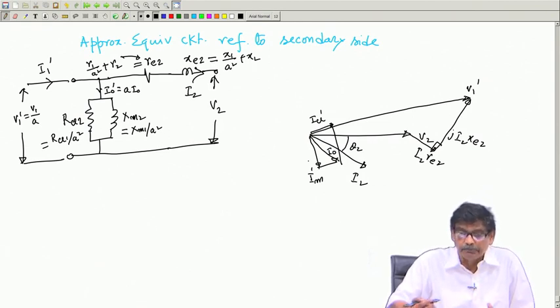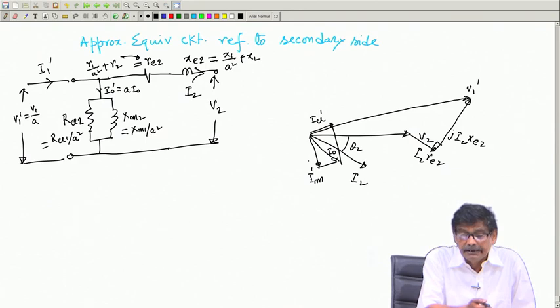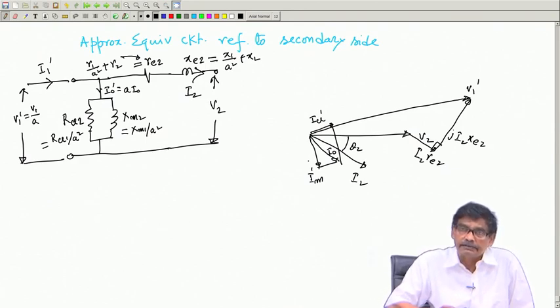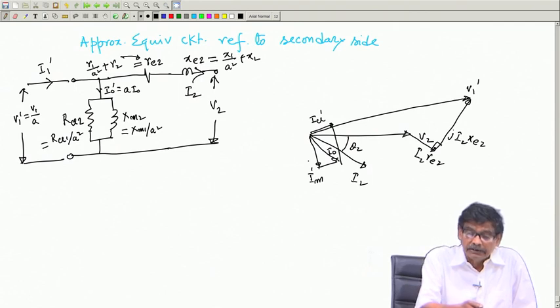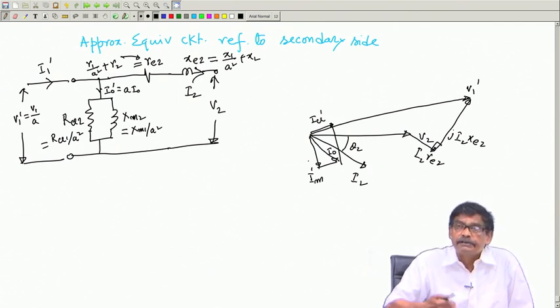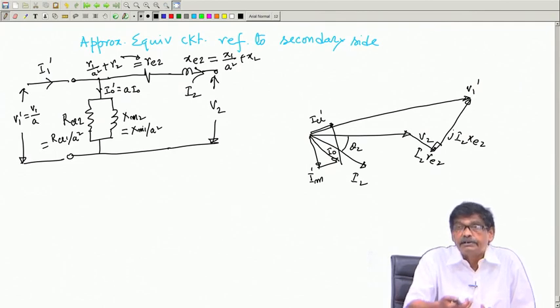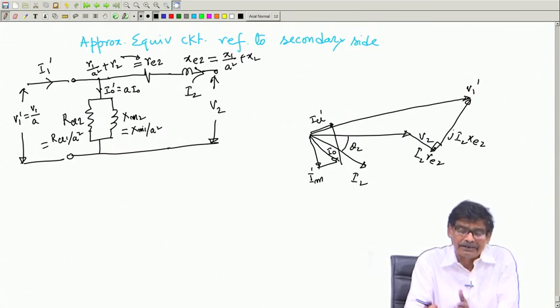You cannot approximate anything just like that. The argument is the winding resistance and leakage reactances are much smaller compared to the resistance representing core loss and the reactance representing the magnetizing current, and that comes in parallel. So, it can be approximately pushed in this way.